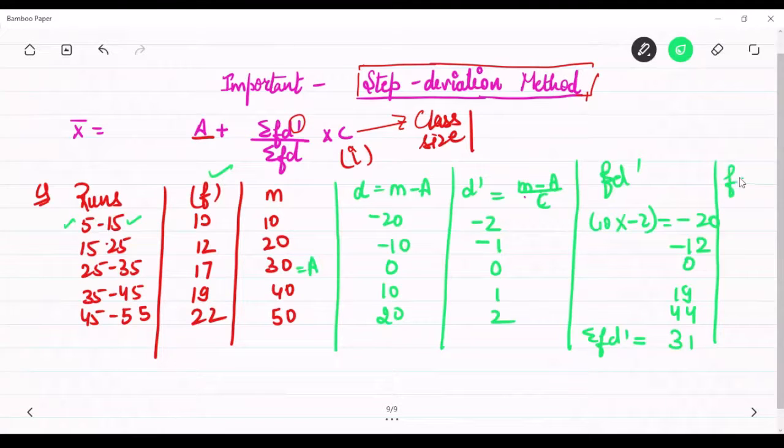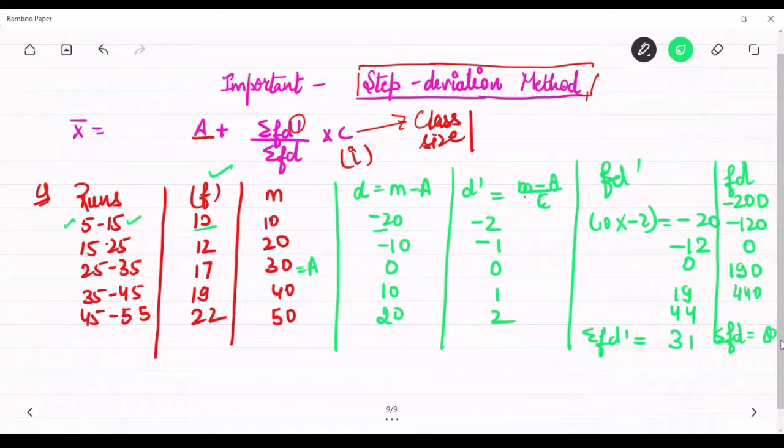If you see, F is 10 and D is minus 20, so it is minus 200, and 12 into minus 10 is minus 120. 17 into 0 is 0, 190, and 22 into 20 is 440. So when we add all these, what we are going to get is 80.